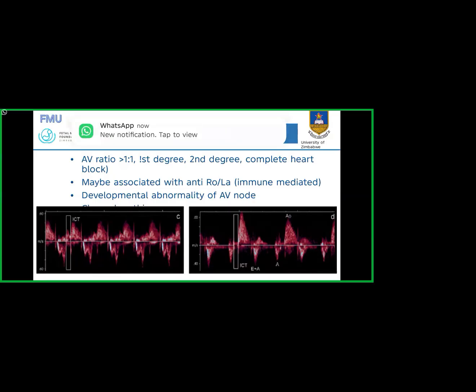In second degree block, we can have fixed ratios of ventricular contractions, for example a 2:1 fixed ratio or a 3:1 fixed ratio. These may be associated with anti-Ro and anti-La antibodies in Sjogren syndrome, which may cause damage to the conduction system. This may also be caused by developmental abnormalities of the AV node.